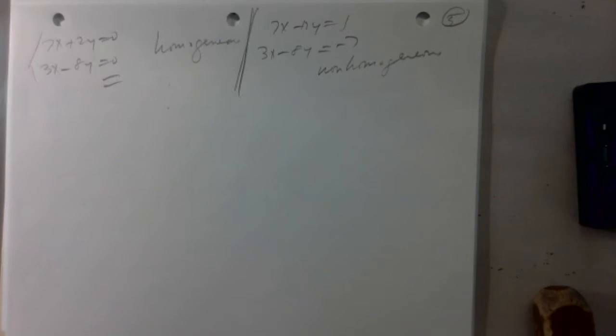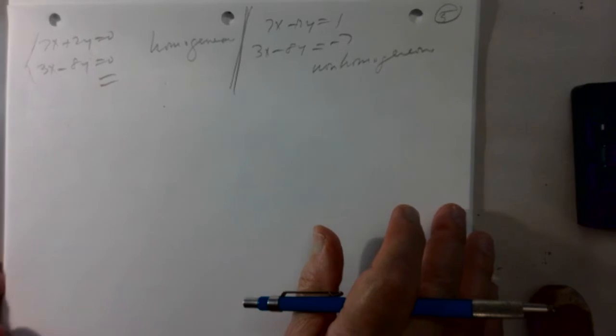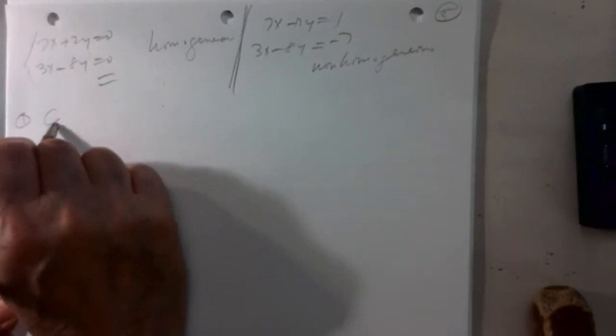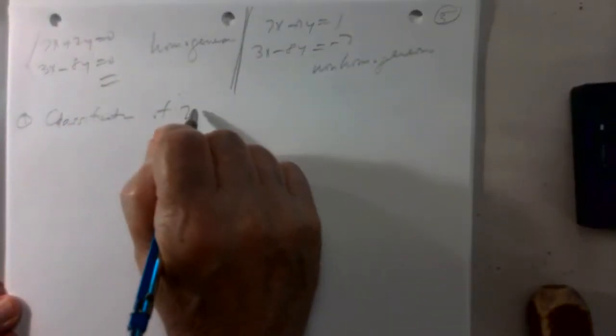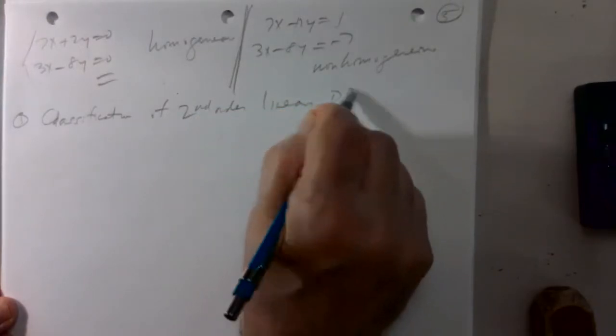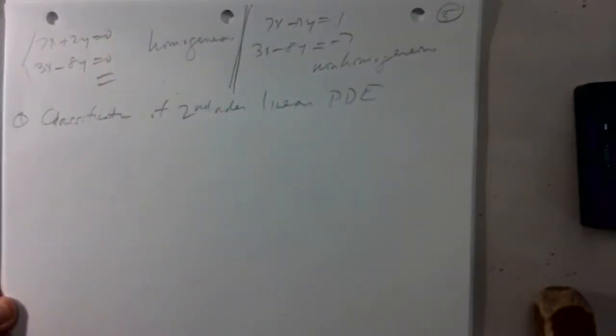Now, in the classification of PDEs, we do the following for a second order PDE. This is our fifth classification category. This is the classification for second order linear partial differential equations.